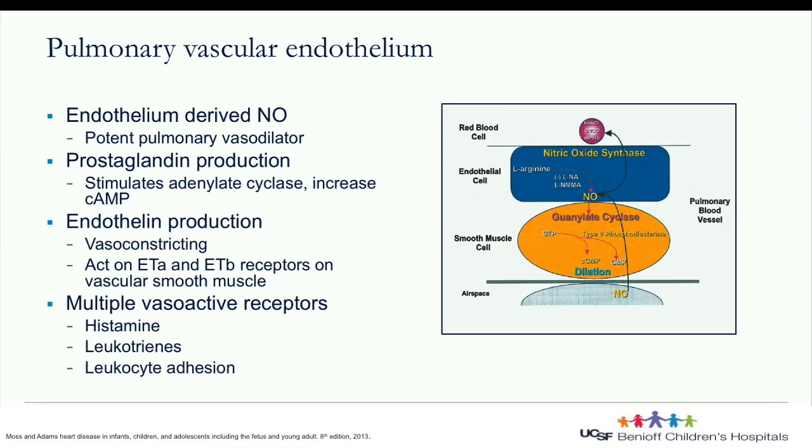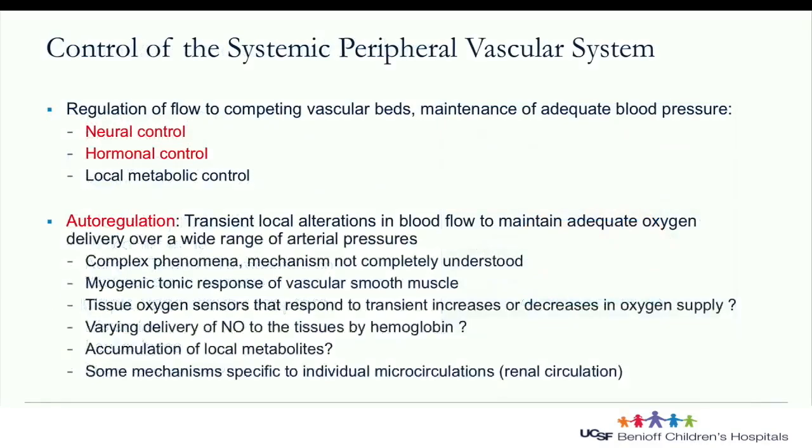Nitric oxide and the prostaglandins function to cause vasodilation, whereas endothelin is a potent vasoconstrictor. And as you will discuss later this week, many of these pathways are therapeutic targets in the field of pulmonary hypertension. Now turning our attention to the systemic vasculature.